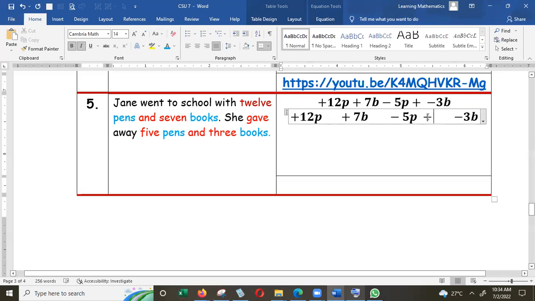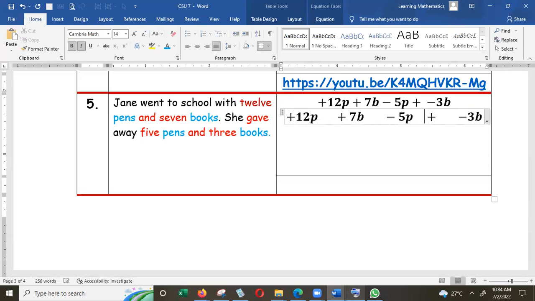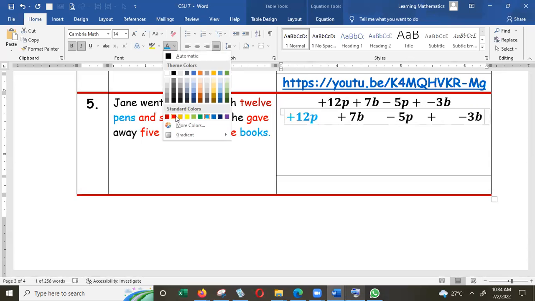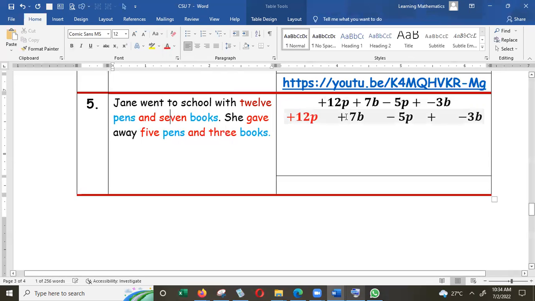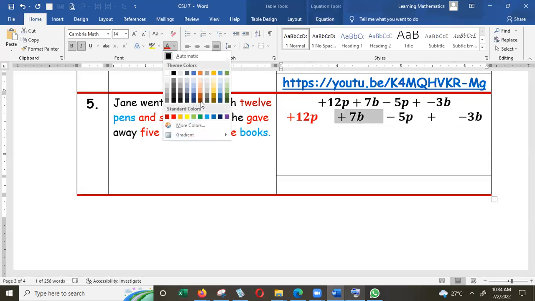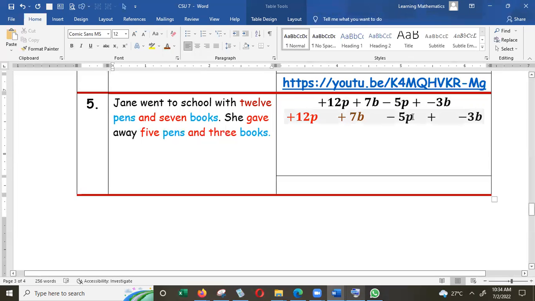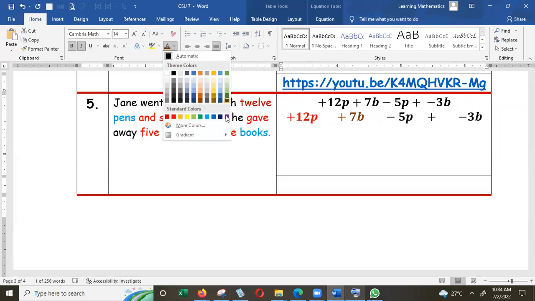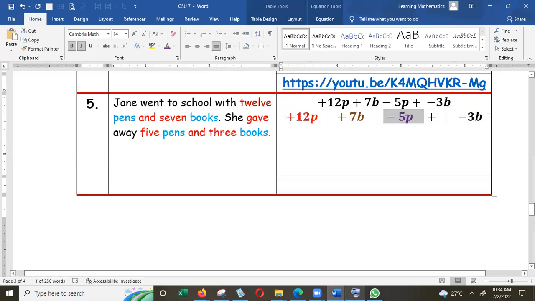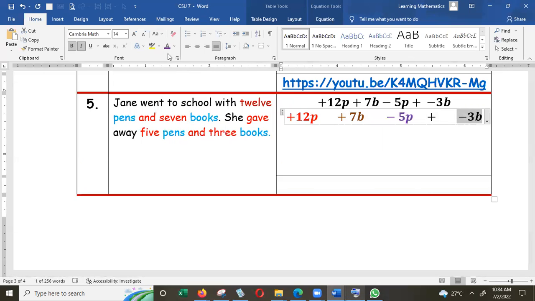So we can do this separation. If we want to color code, that's 12 pens, and 7 books. Give away 5 pens, and also give away 3 books.